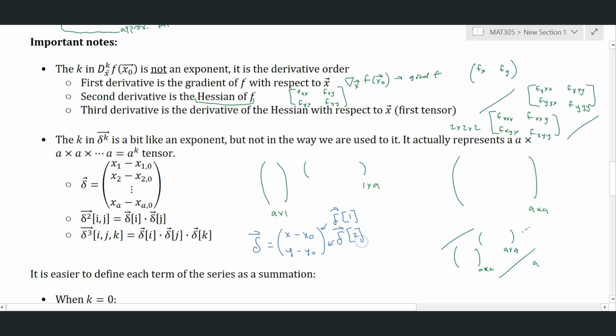so that index will simply represent the row number. So if you were to produce the delta squared, I apologize, this is getting a little bit messy here. I'm going to erase some of this stuff.